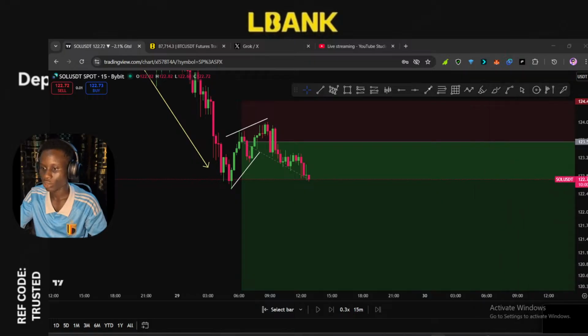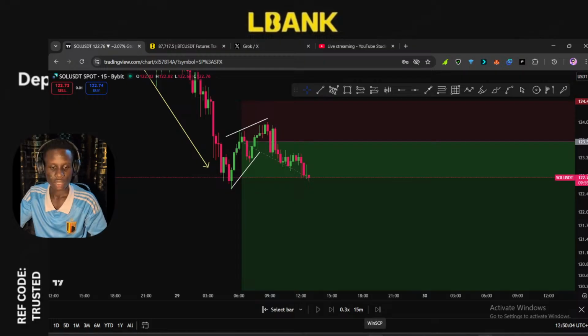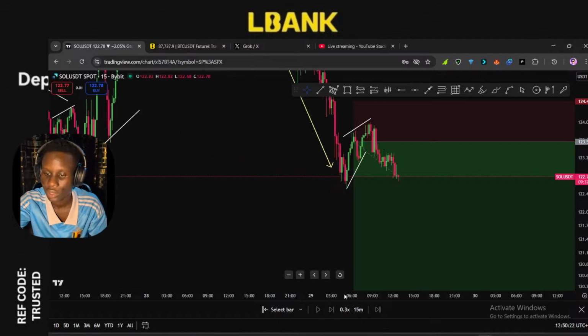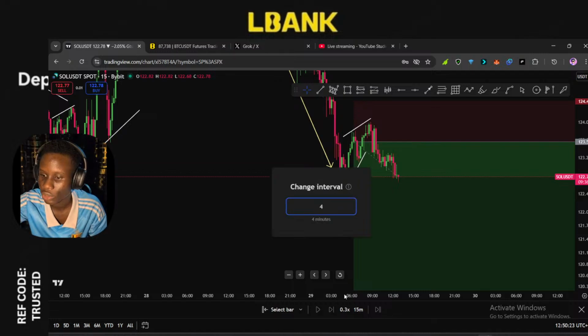So back to integrating risk management at entry, such as position sizing, stop loss placement, take profit strategy, and trailing of profit strategy. Let's dive into that now.